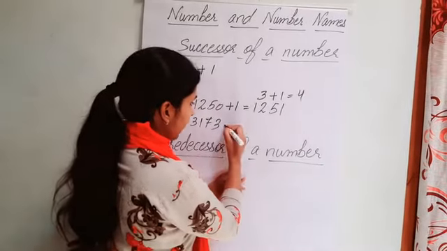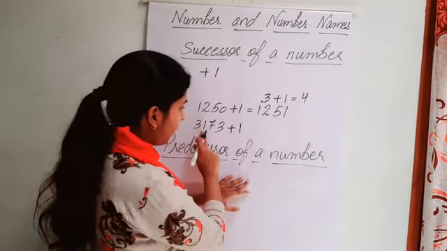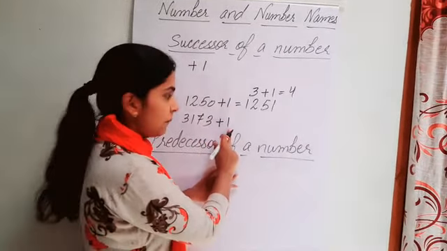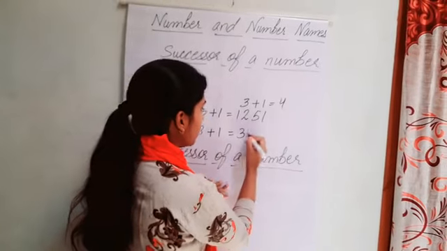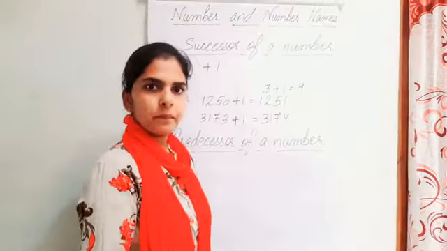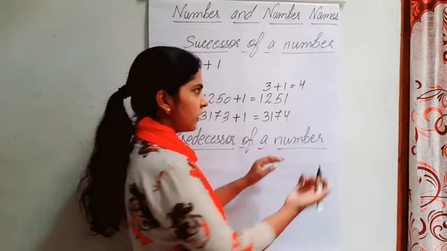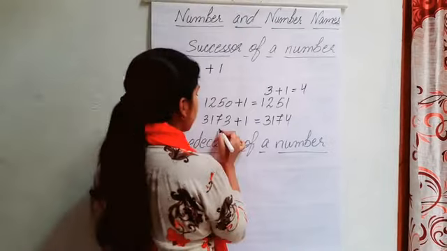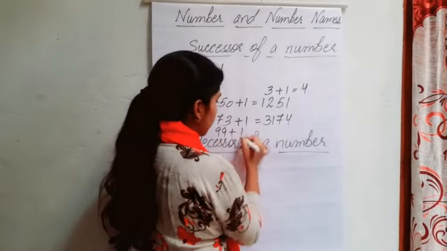We will write it like 3173 plus 1, and it will be equal to 3174.